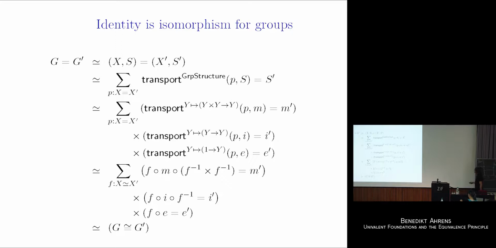This is a non-trivial step, but when I pass from identities to equivalences, then a transport along such an identity becomes conjugation with the corresponding equivalence.